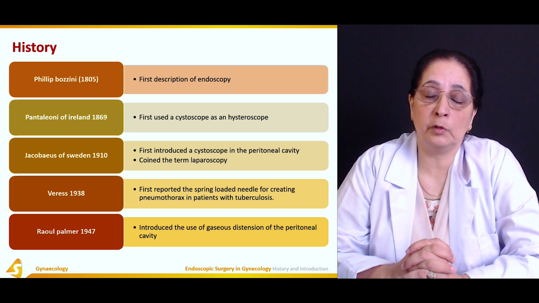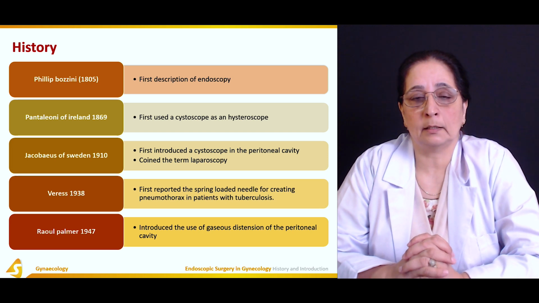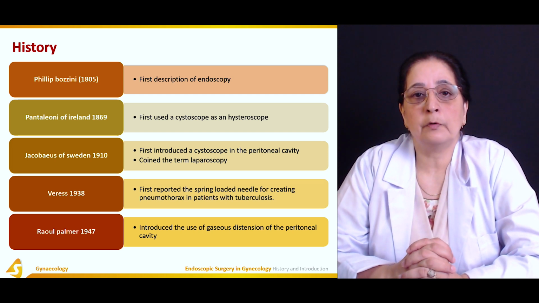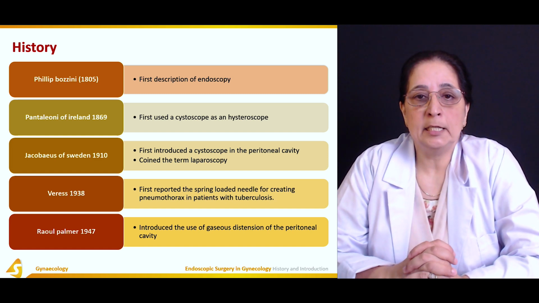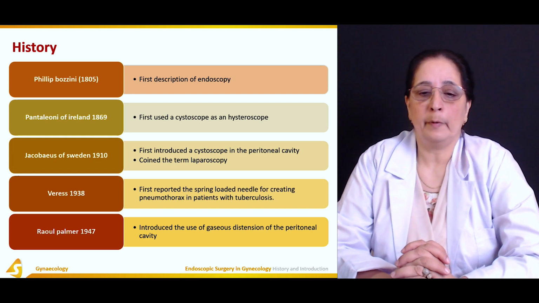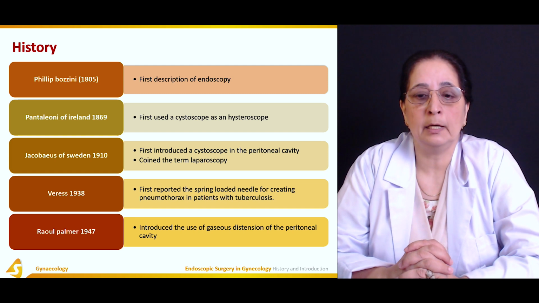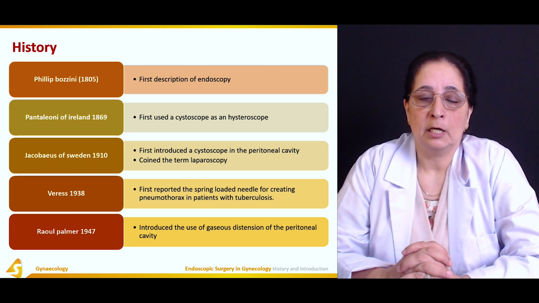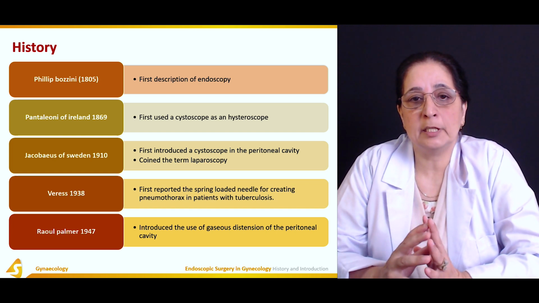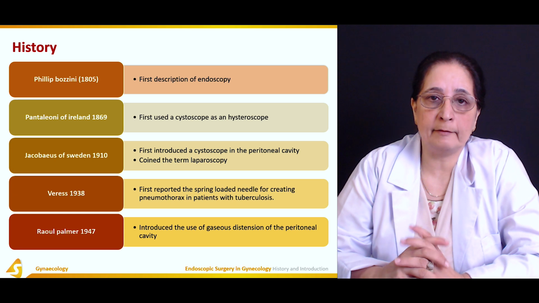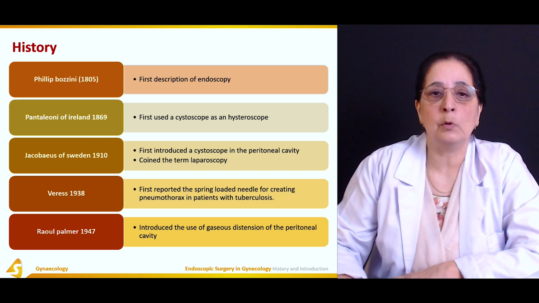At that time, tuberculosis was one of the major diseases, and treatments for tuberculosis were slowly developing. Then in 1947, Raoul Palmer introduced the use of gaseous distension of the peritoneal cavity. So he started putting gas for distension of the peritoneal cavity to visualize the organs in the abdomen more clearly.